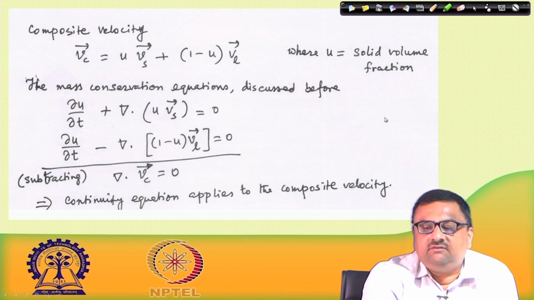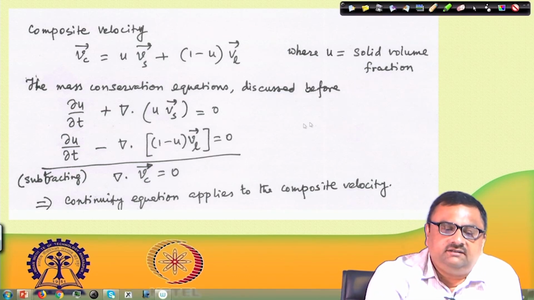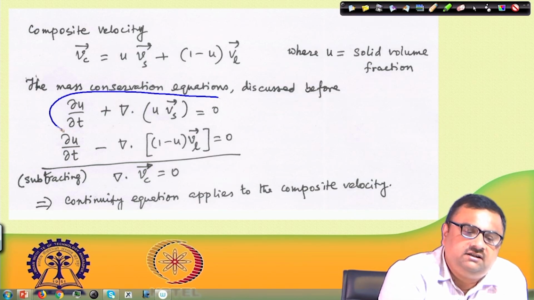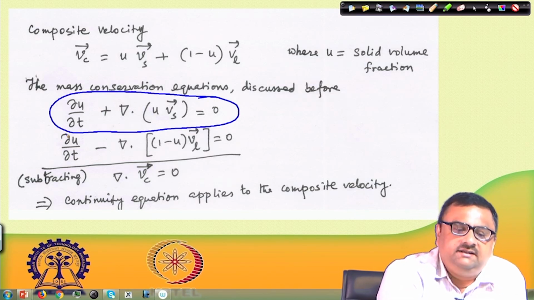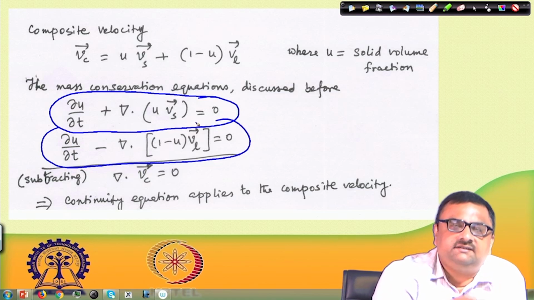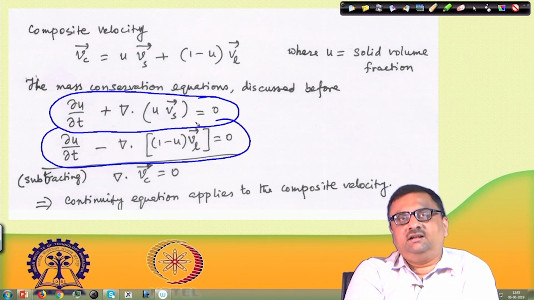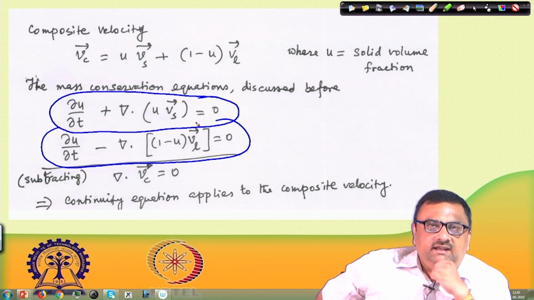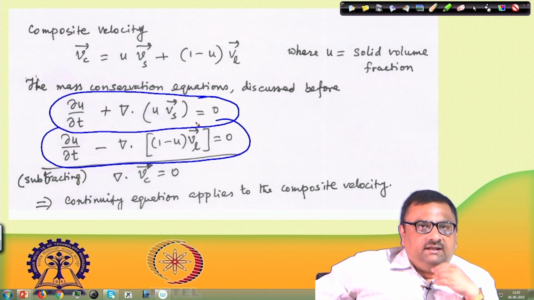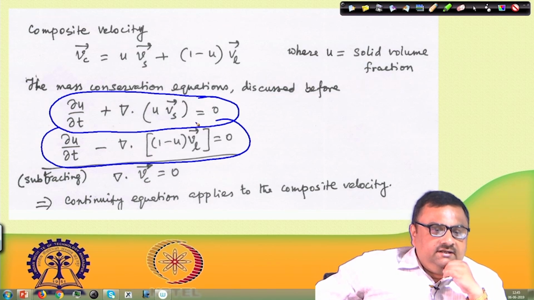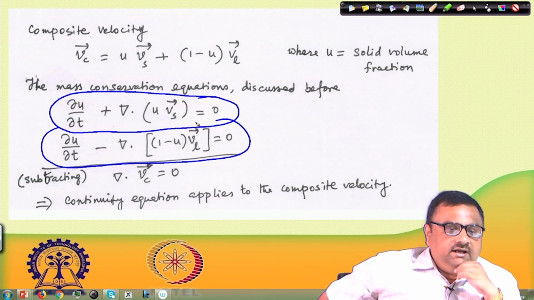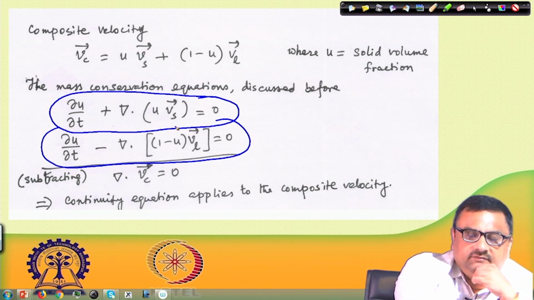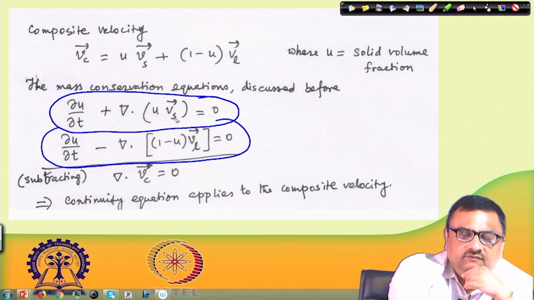Note here the mass conservation equation that we talked about for the solid, and this is the mass conservation equation we discussed just now for the liquid. We had two equations, one for the solid and the other for the liquid. Here del u del t is this plus the change in flow in minus flow out as far as the solid volume fraction is concerned.